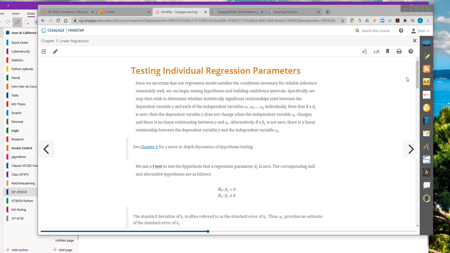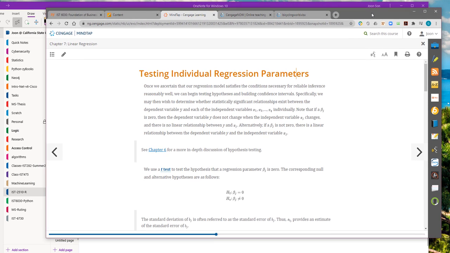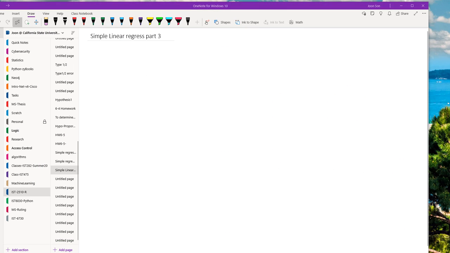Okay, so the first task is always to set up the null and alternative hypotheses. The null hypothesis says that there is no relationship between x and y, x being the independent variable and y being the dependent variable, right?